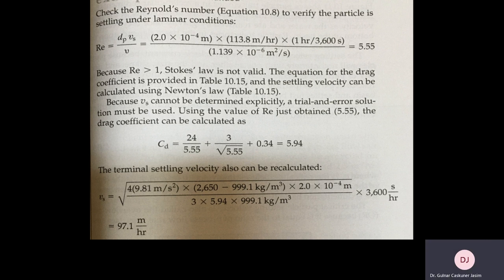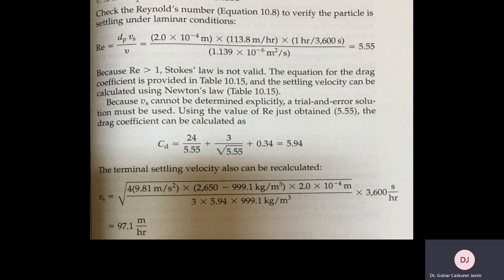However, we have to check the Reynolds number to verify if the particle is settling under laminar conditions. So the Reynolds number is calculated, and the outcome is 5.55. I suggest you make this calculation on your own to gain confidence in using the equations and increase your familiarity with these laws.